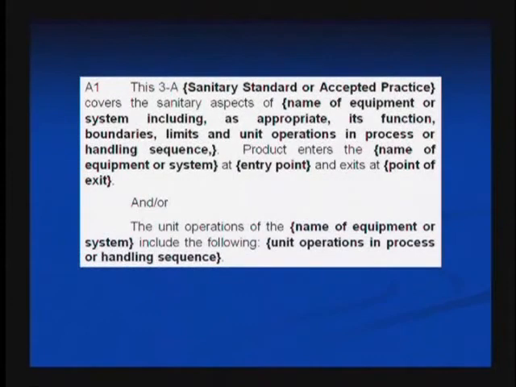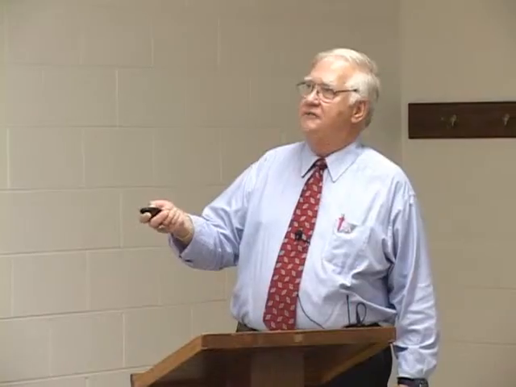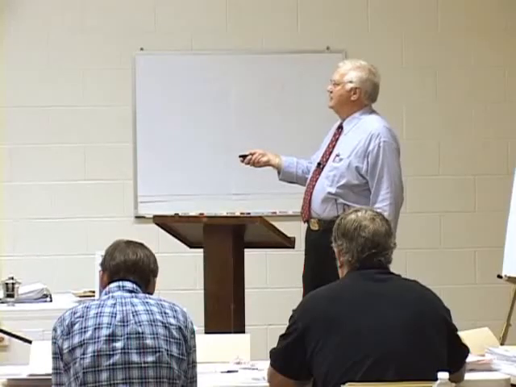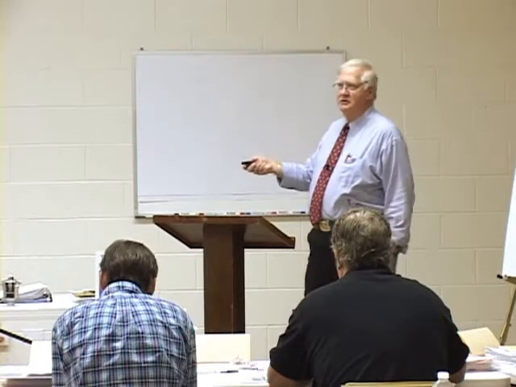This is the boilerplate wording, so you identify that it's either a standard or a practice. You identify the equipment or the system as appropriate. You might include its function, its boundaries, limits, and unit operations, processing or handling sequences.